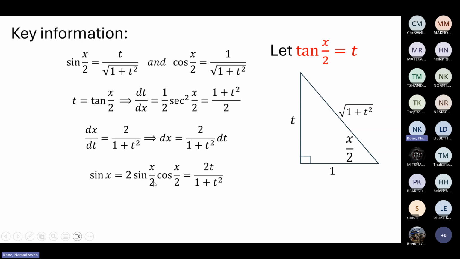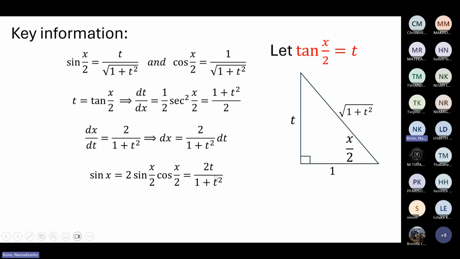If you go and check there on top, you replace sine of x over 2 with its equivalent here, and cos of x over 2 with its equivalent there. Then you multiply everything by these 2. The answer becomes 2t all over 1 plus t squared. So sine x is now this one.